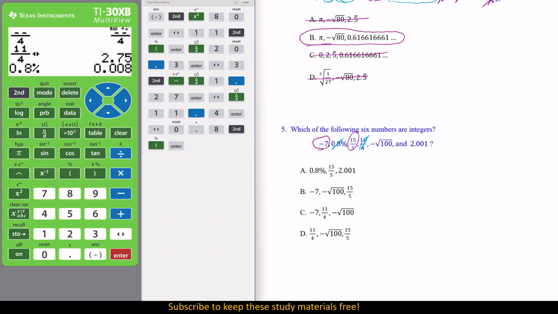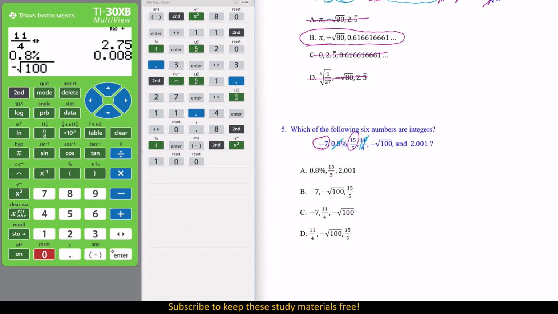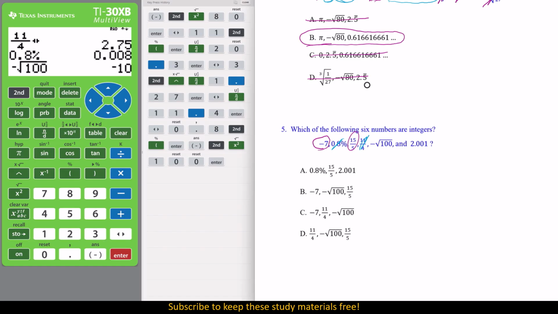And it's rational, but it's still not an integer. Okay, so we'll leave that marked out. Now, negative square root of 100 is -10. If you're not sure of these things, go ahead and put that 100 under the radical. Anytime you're tired or you don't know, there is no shame in using this calculator. Okay, that is an integer.